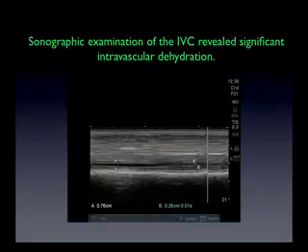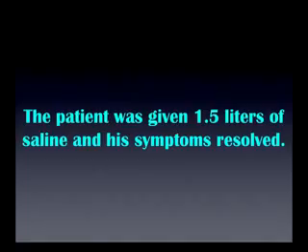Additionally, if there is a change of 50% or greater in the diameter with inspiration or expiration, that goes along with intravascular depletion. So the IVC diameter, in conjunction with a hyperdynamic heart, seems to go along with the diagnosis of dehydration. This patient was given 1.5 liters of saline, and his symptoms resolved.